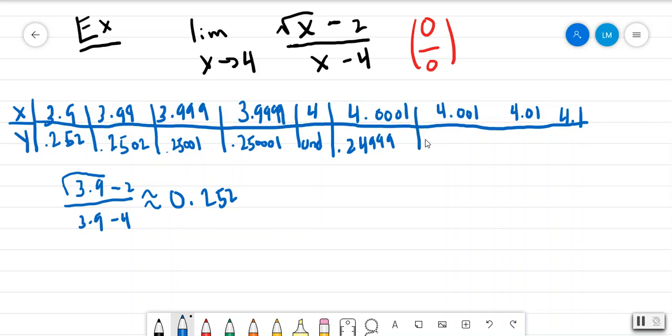Now if we do similarly, we're going to find that there is a bit of a pattern, that's going to be 0.24998. And then furthermore, we'll do the last ones, 4.01, and that's 0.2498. And then finally 4.1, and that's going to be 0.2484.